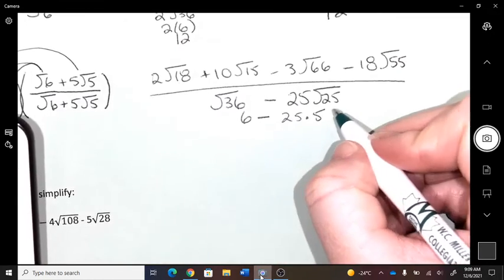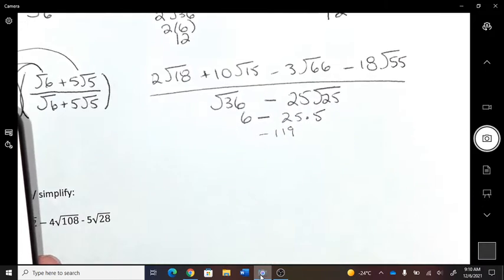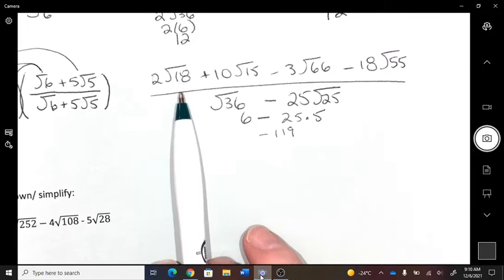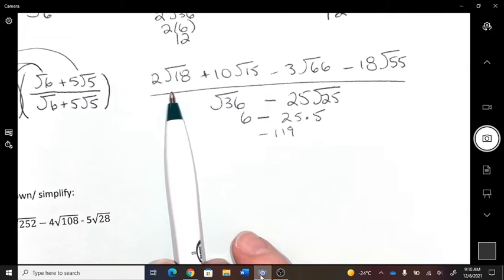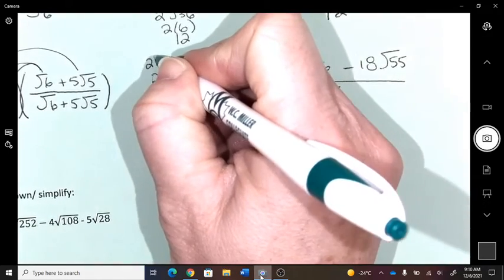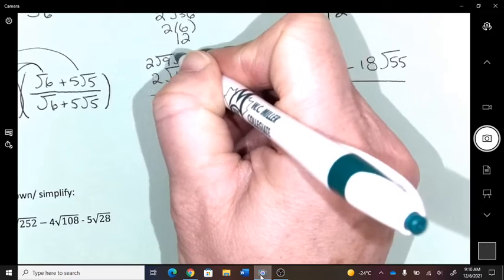Equals negative 119. Okay, before we do our final answer here, I'm going to look at my radicals. 18. I think that's divisible by one of our magic ones, so I'm going to break it down. So 2 and then 18.